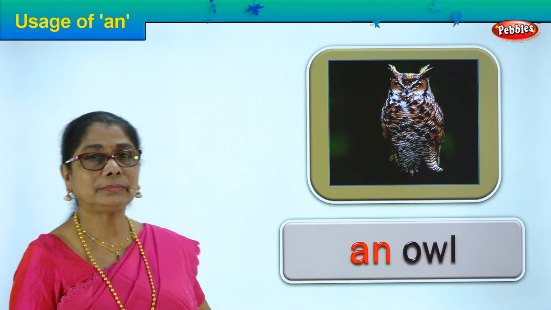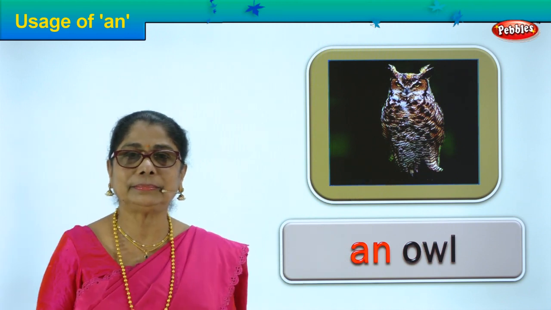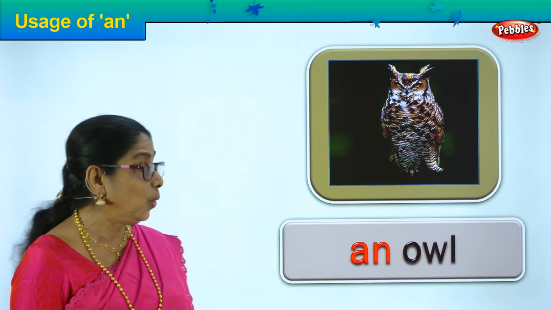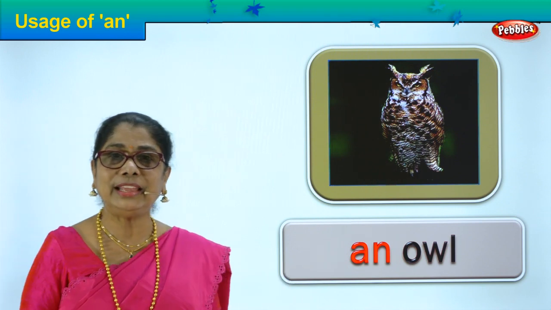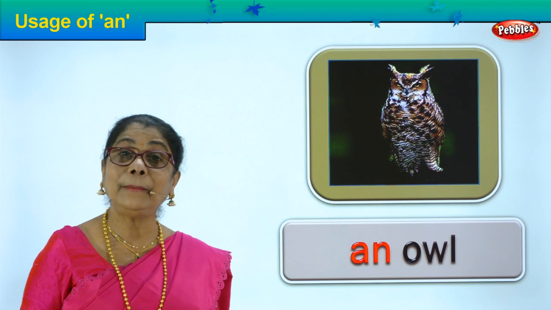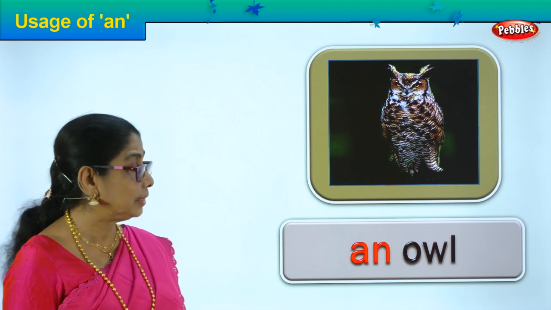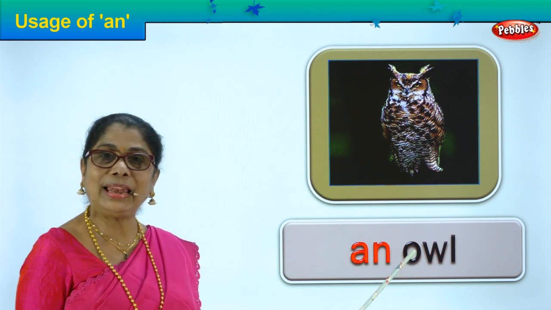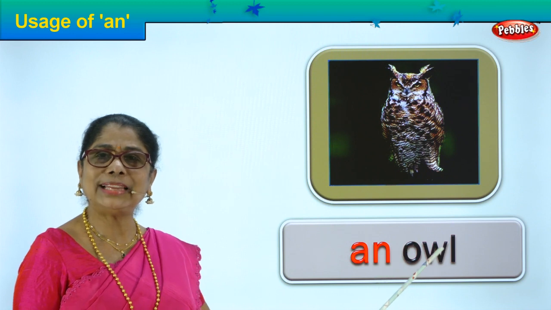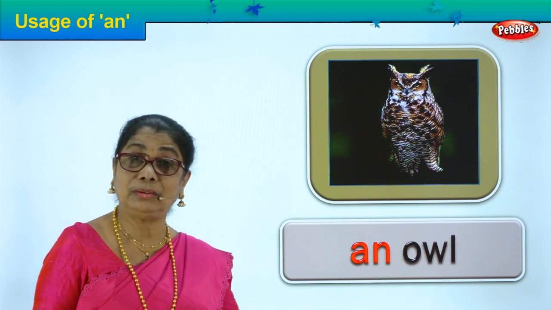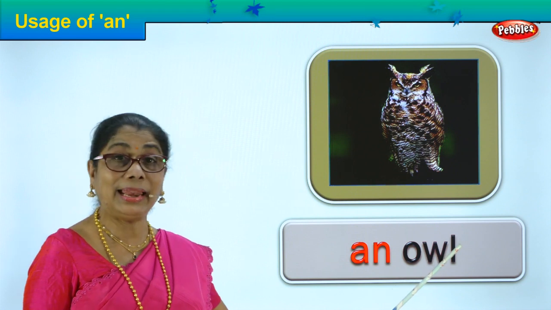Look at this. What bird is this? Good. Owl. Where do you see the owl? In the tree hole. When? At night. Spell owl. O-W-L. Owl.